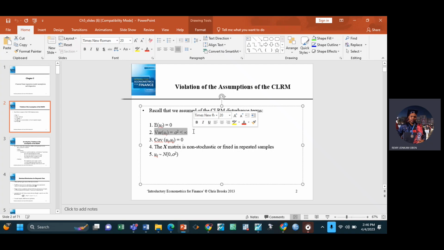If the variance is not constant, if it is unequal, it is heteroscedasticity. What's this? The covariance of u_i, u_j equals 0. u_i is one error term, u_j is another error term, so the covariance of two error terms should be 0. It means the error terms should not be related to each other, so there should be no autocorrelation.